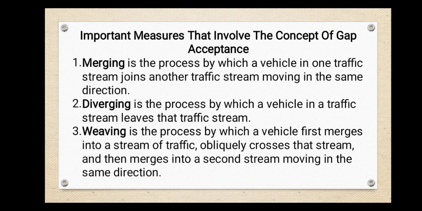Third is weaving. It is the process by which a vehicle first merges into a stream of traffic, obliquely crosses that stream, and then merges into a second stream moving in the same direction. For example, the maneuver required for a ramp vehicle to join the far side stream of flow on an expressway.